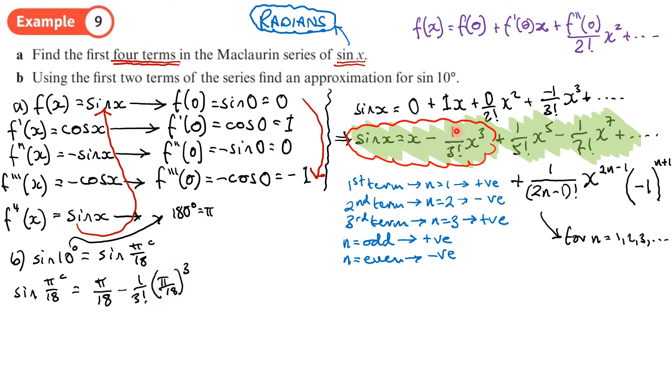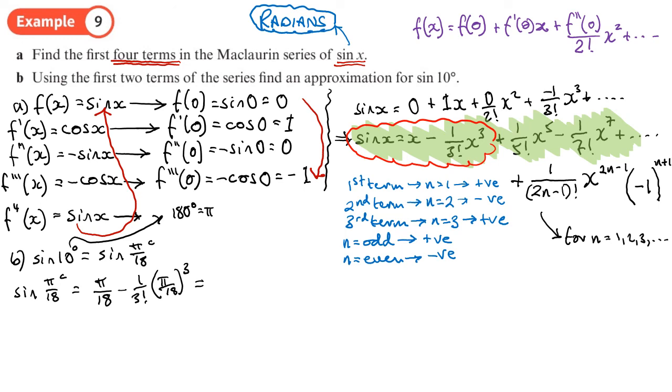All of these terms, this one and this one, are going to be too small to even bother about, because you're multiplying by a very small number. So that's why that small angle approximation works, and you can see it here in this Maclaurin expansion, or series. Right, let's stop the waffle and work this out.